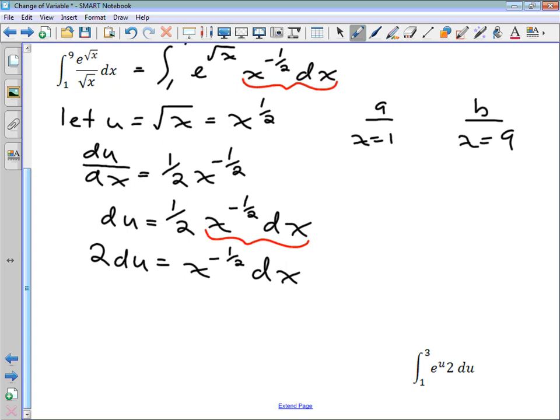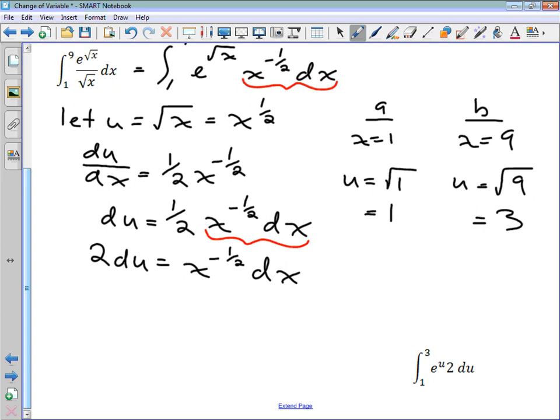So if a is equal to 1, u is equal to the root of x, so u is going to equal root 1. If b is equal to 9, x equals 9, then converting to u, our limit is going to be root 9, or 3.